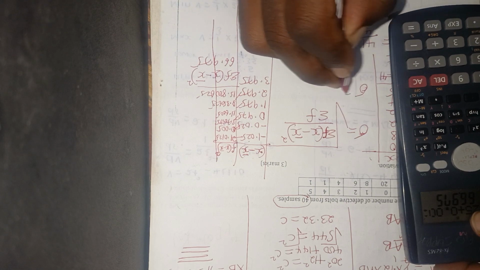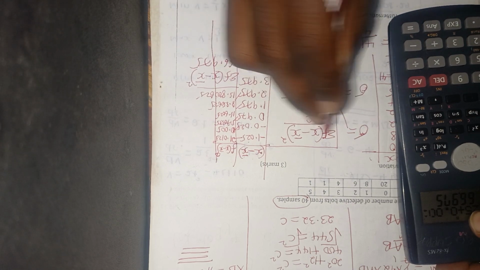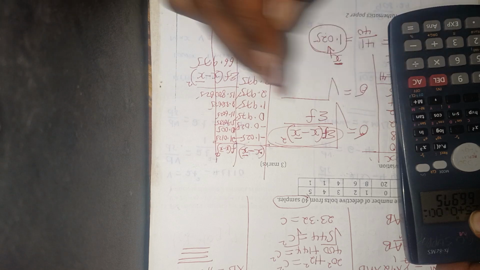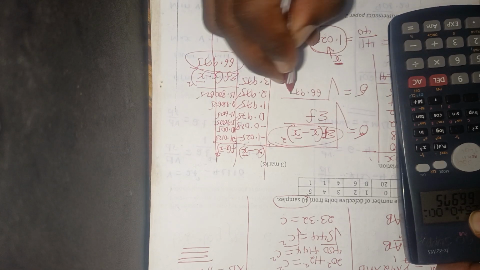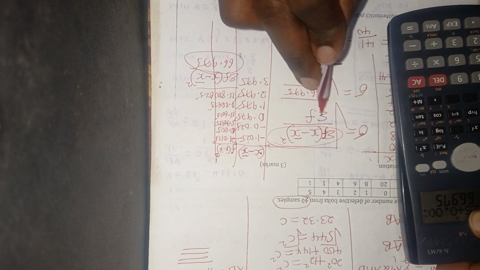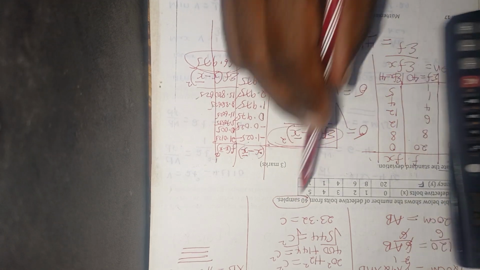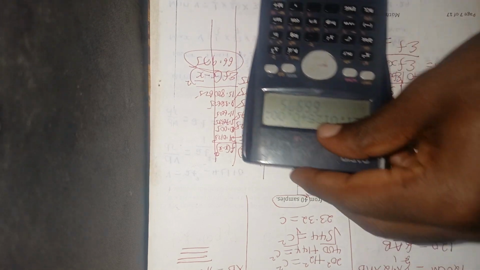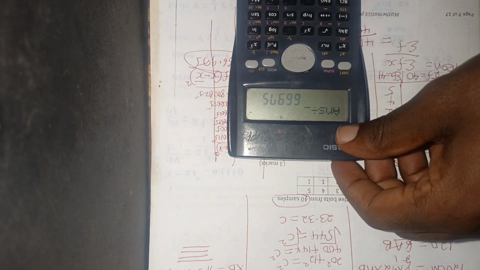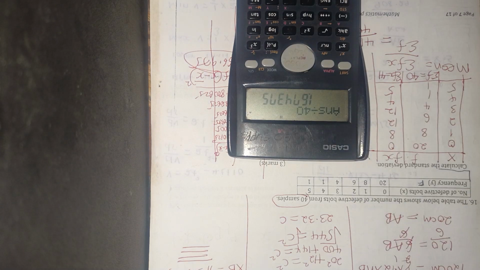So we'll come here and say standard deviation is equal to the square root of 66.975 divided by Σf, the summation of frequency, which is 40. So you'll say answer divided by 40, it gives you that.